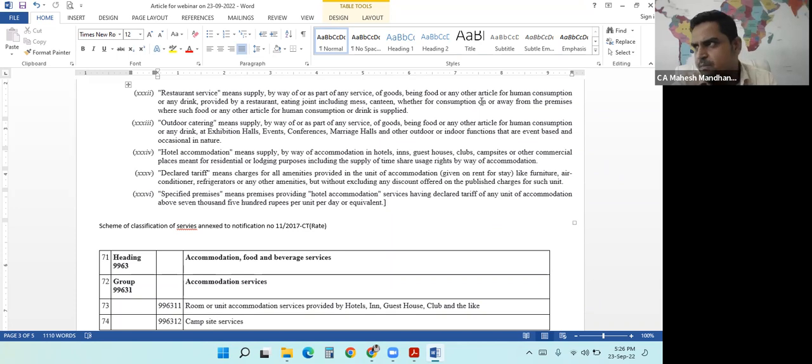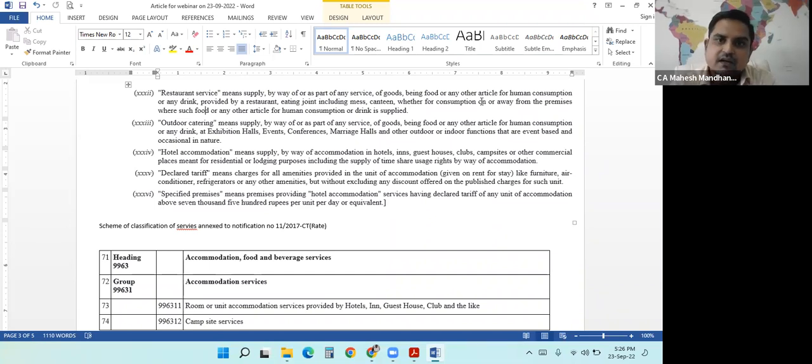Centralized kitchens supply food to the restaurants who are their partners, and cloud kitchens provide the food either to the restaurants or directly to the customers on order basis. In all these cases, takeaway food, delivery food, cloud kitchens, centralized kitchens, there is no element of service. So there is no element of restaurant service.